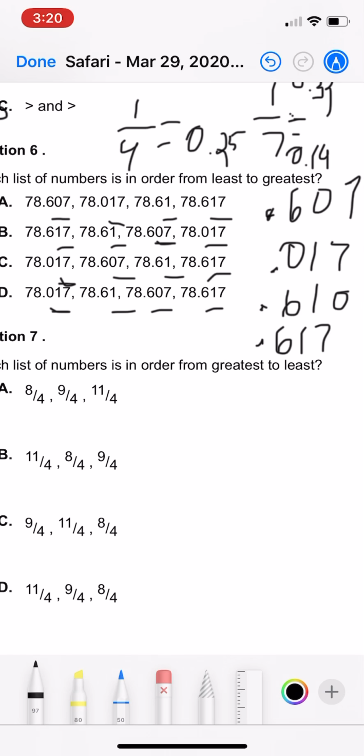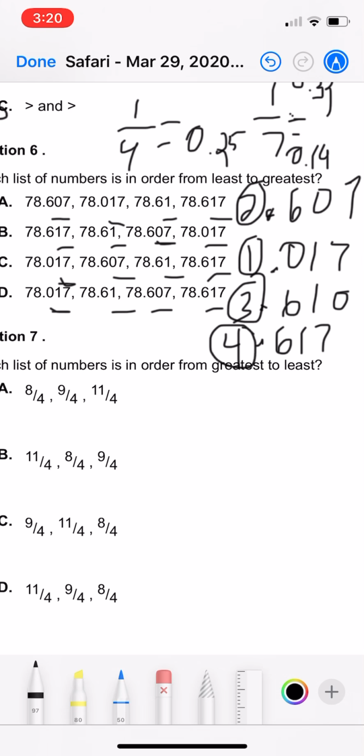Now you're comparing. So which is the smallest number, 607, 17, 610, or 617? Obviously 17 would be first. Okay, and then you're comparing 607, 610, and 617. So 607 is second, followed by 610 third, and 617 fourth.